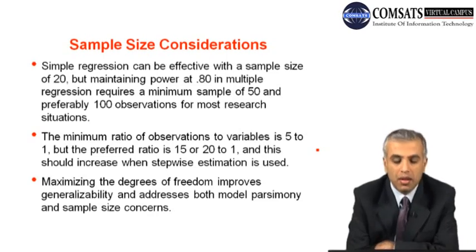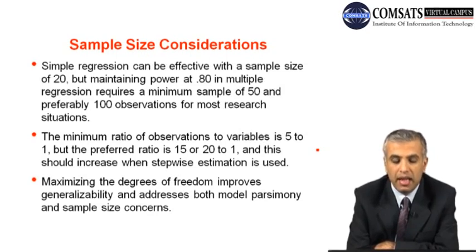So in order to correctly predict R square, it is important that the number of observations per variable should also be considered. And in this case, as you can see, the preferred balance should be 15 or 20 to 1.